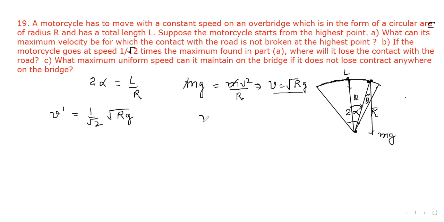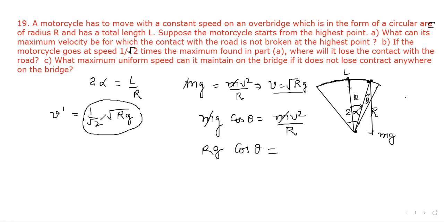So mg cos theta must provide the centripetal force. So we can say mg cos theta must be equal to mv square upon r. m will cancel out. rg cos theta must be equal to v square, but this time we have to take this value of v.